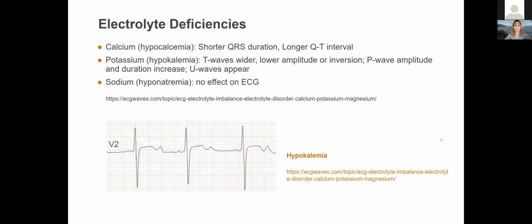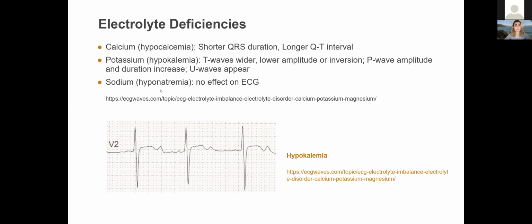So one of the first deficiencies that you can see in an ECG pertaining to someone's health is an electrolyte deficiency. And there's a couple different electrolytes that includes. There's a calcium deficiency, a potassium deficiency, and a sodium deficiency.